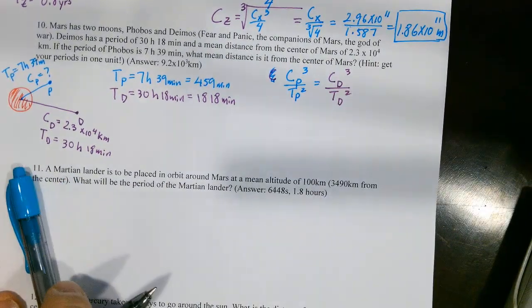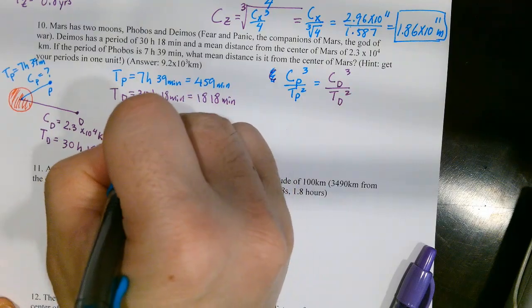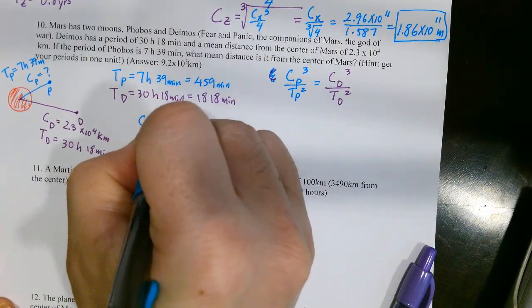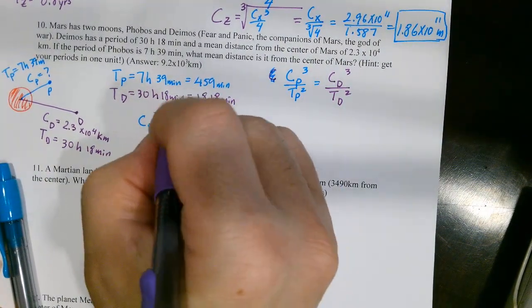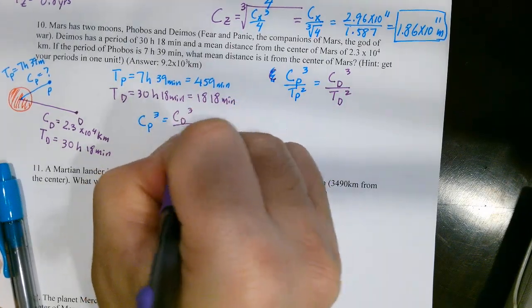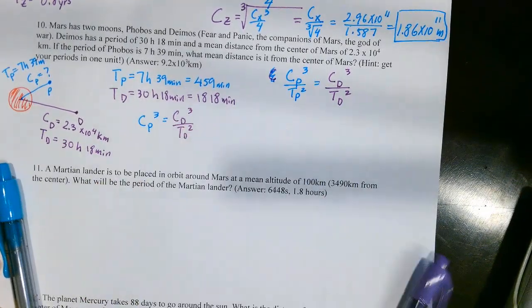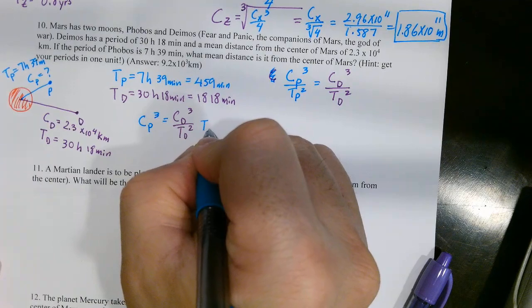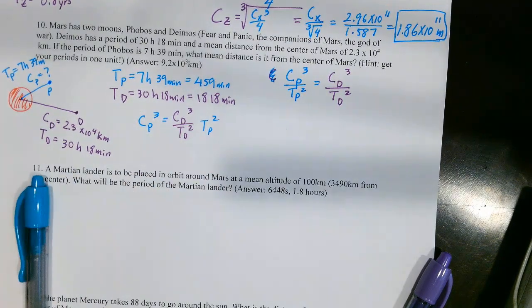So C Phobos cubed is equal to C Deimos cubed over T Deimos squared times T Phobos squared.